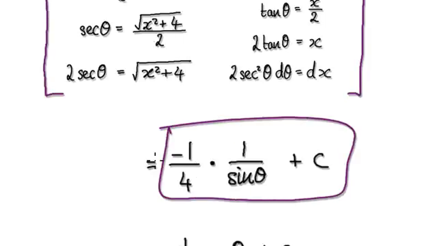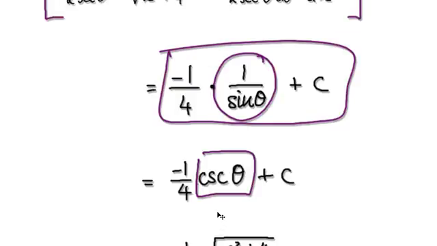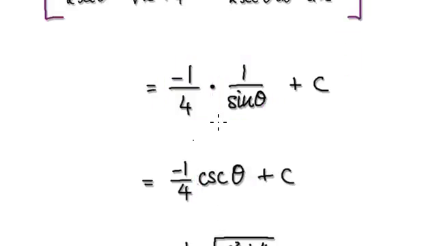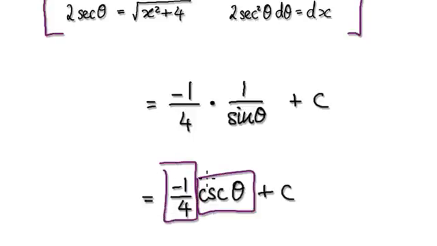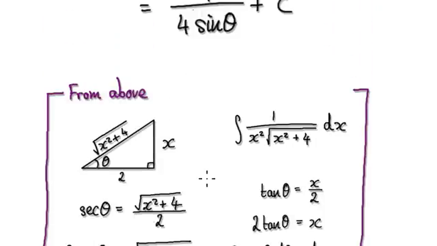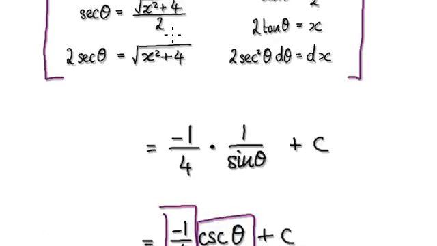Okay, and then 1 over sine theta is really the cosecant. And then from the diagram, our answer here now is this. You've got this block multiplying with this block here. So rather than having our answer as this, we're going to visualize this as this.